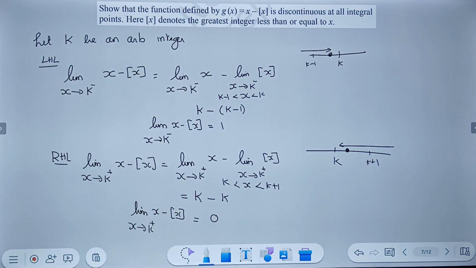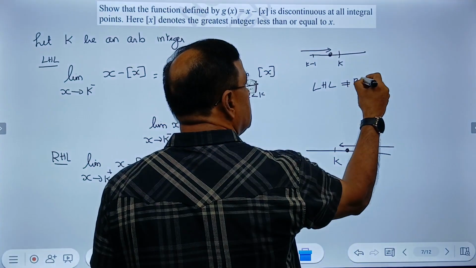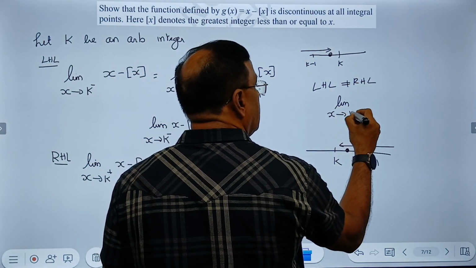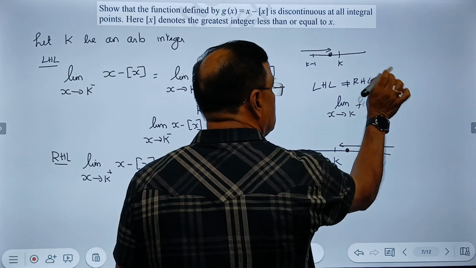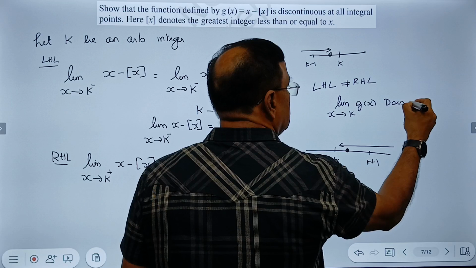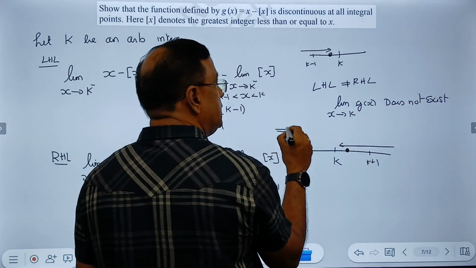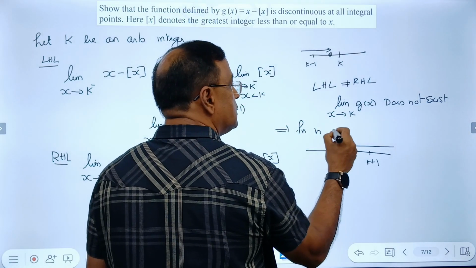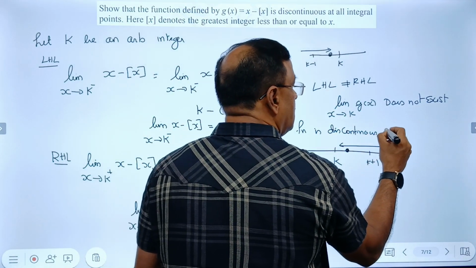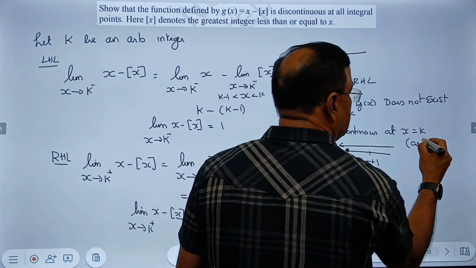Now what do you know from this? LHL is not equal to RHL, so the limit does not exist. Limit x approaches k of f of x, or g of x, whatever you call it, does not exist. Since the limit does not exist, you can say clearly the function is discontinuous at x equal to k, since k is an arbitrary integer.